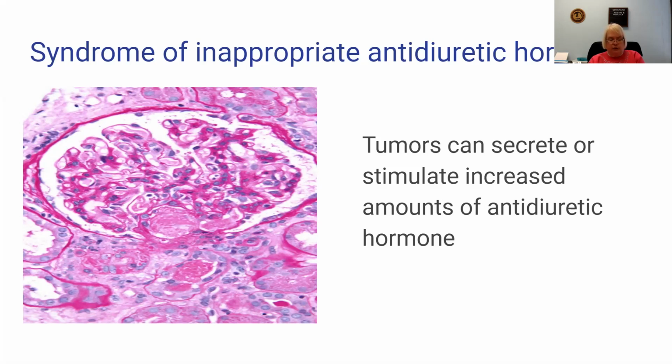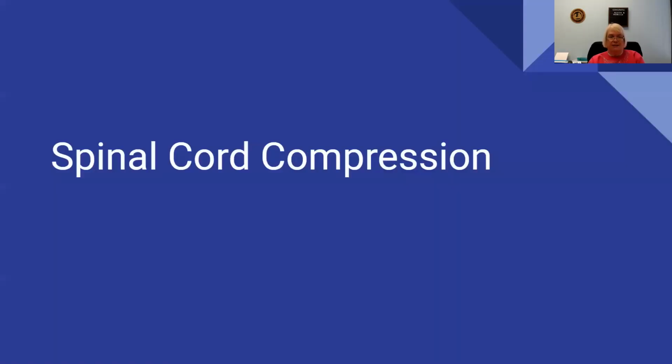I'm really holding fluid. So I would want to give the antagonist, which is going to reverse that. Again, I'd monitor the sodium levels and I would treat the underlying cause, whatever caused the syndrome of inappropriate antidiuretic hormone.